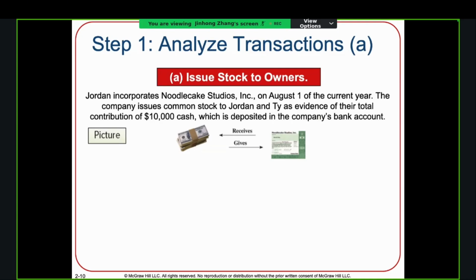Now imagine how it goes. The bank account, cash account, increases $10,000. And what's the other side? Equity increases $10,000.